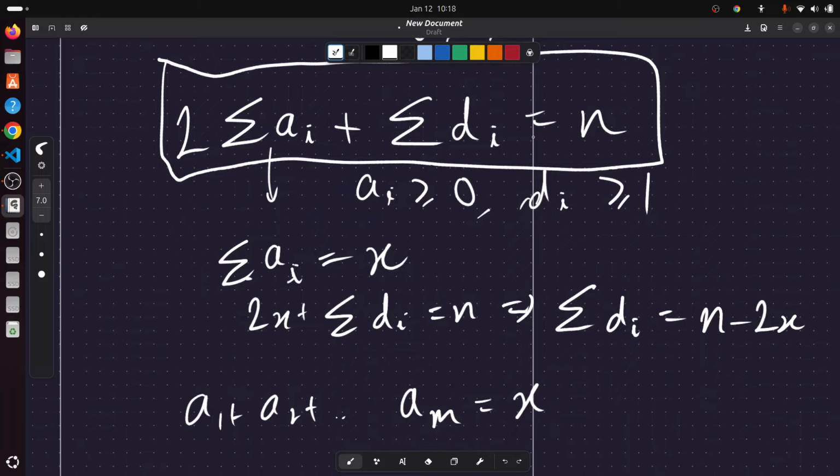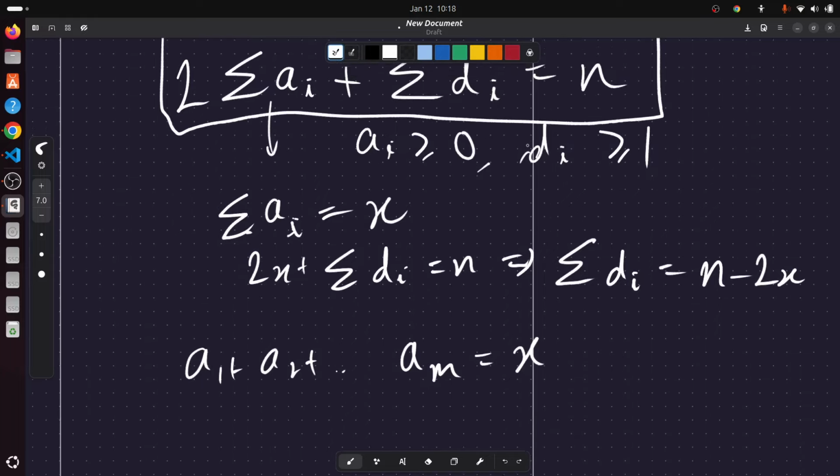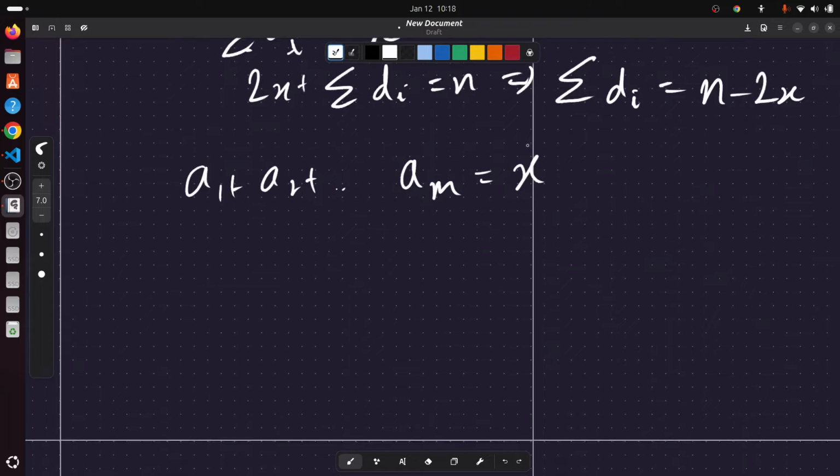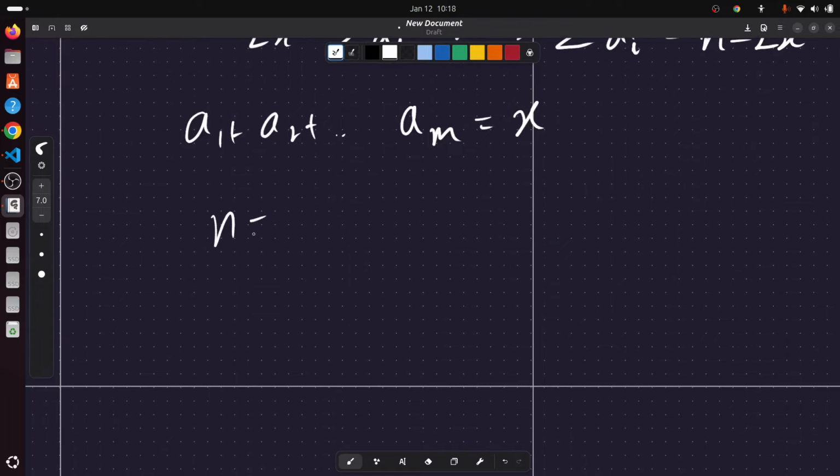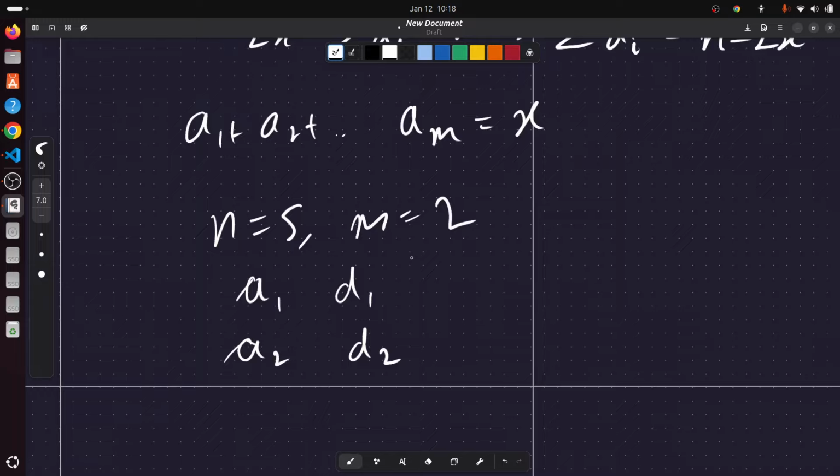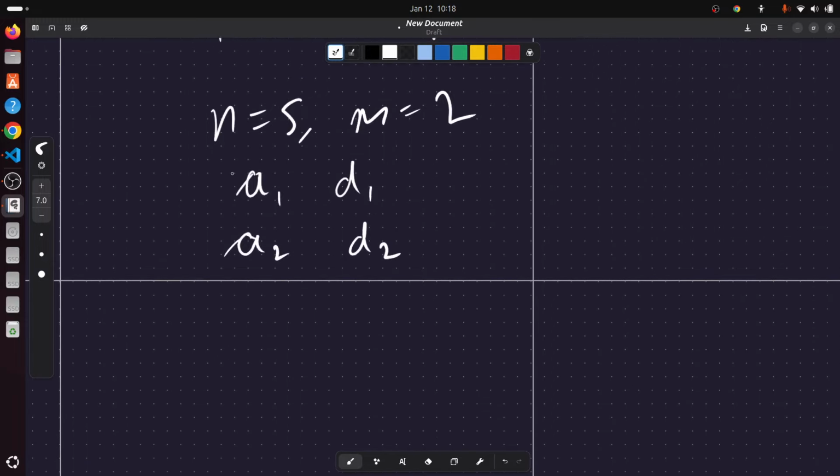So basically we have many terms. I'll give an example. Let's say n equals 5 and m equals 2. So we have an a1, a d1, an a2, and a d2. So I need a1 and a2 to be greater than or equal to 0, and d1 and d2 to be greater than or equal to 1. And twice a1 plus twice a2 plus d1 plus d2 should be equal to 5.